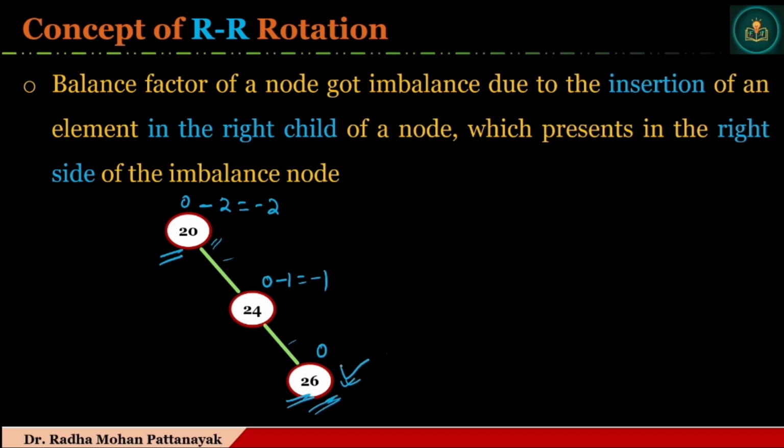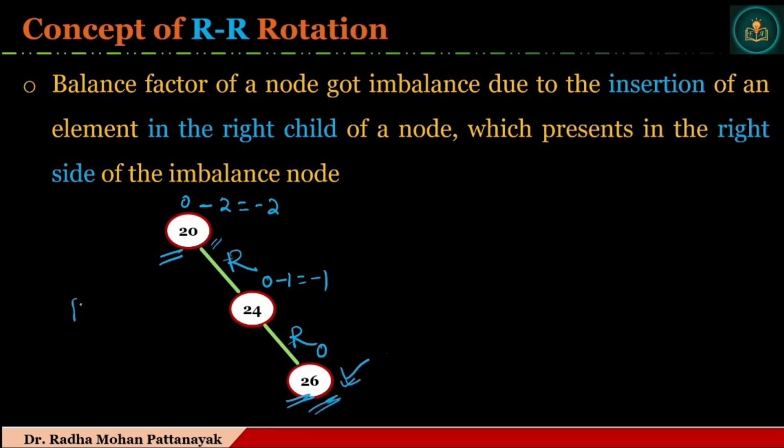So see here, on which side 26 is present. To find out which side, you start moving from the affected node towards the caused node. If you come like this, this is right and this is also right. That means you can confirm that the caused node is present on the right to right side of the affected node.